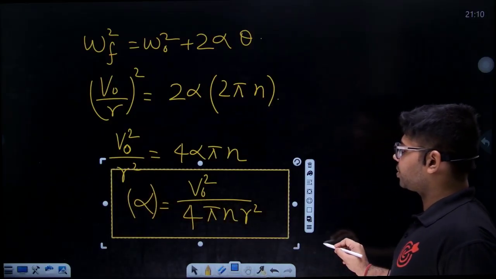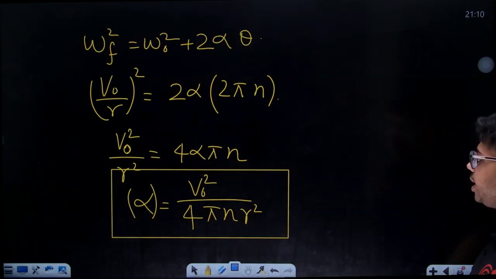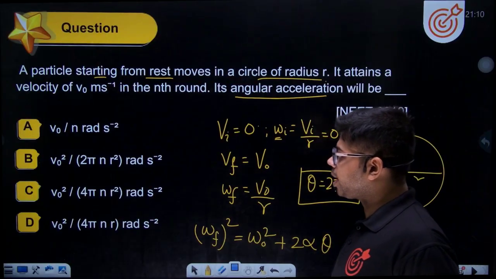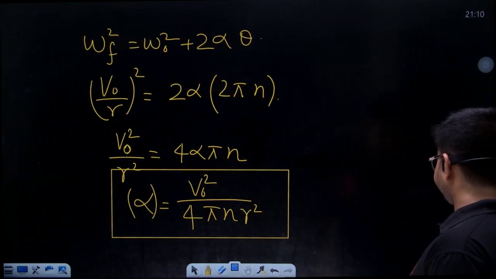So this is the answer. So v naught square by 4 pi r square into n. So option C is the correct option here.